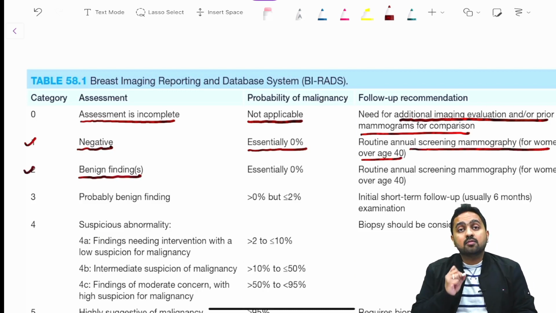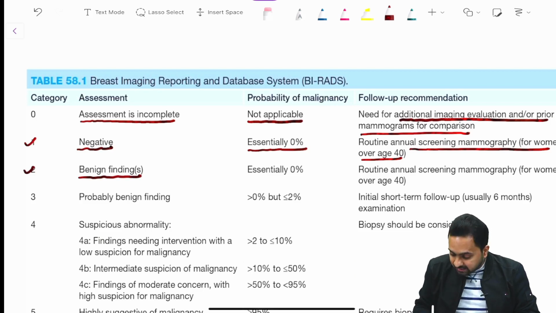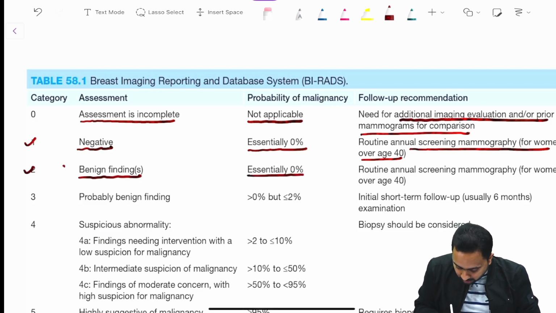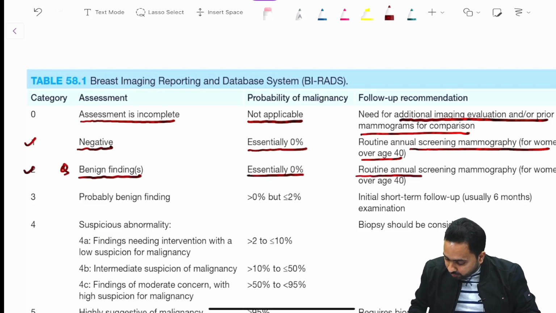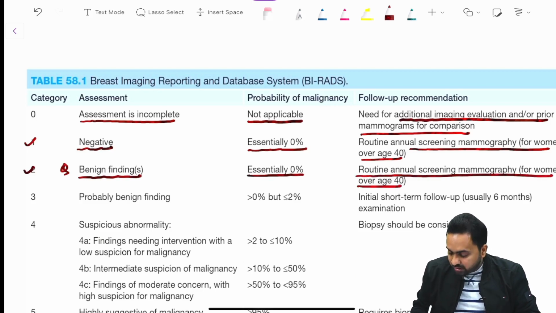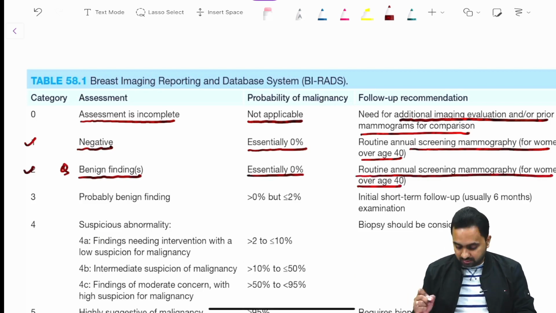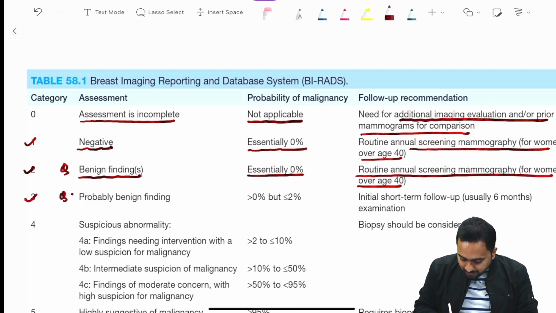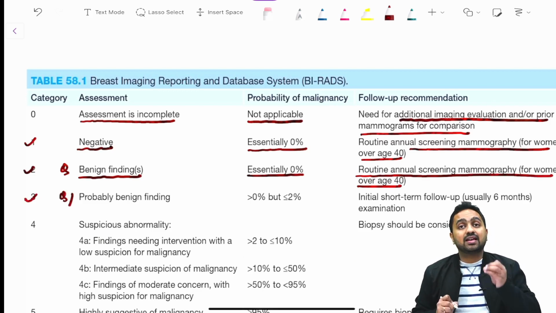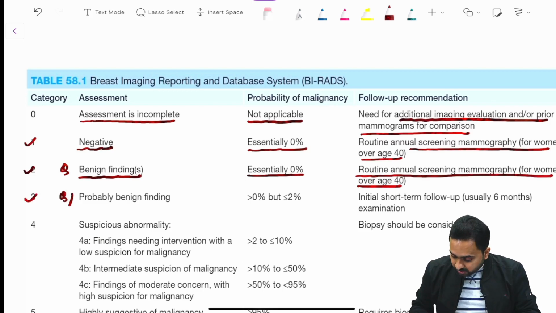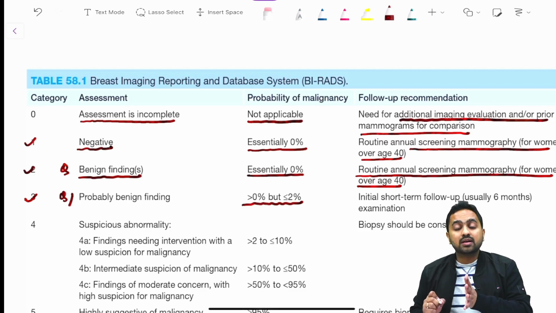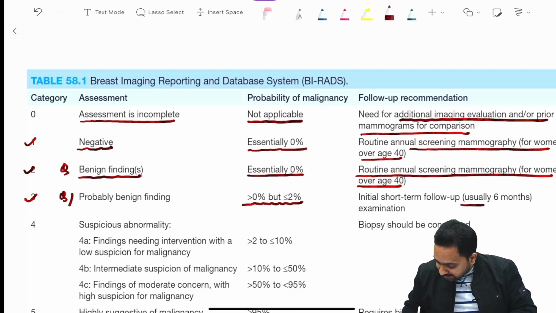Again, the probability of malignancy is 0%. Right, and you have your routine annual screening mammography for women over age 40 years. Then you have your probably benign findings, which is your category 3. Over here the risk lies between 0 to 2%. So the follow-up recommendation is usually 6 months follow-up and examination.